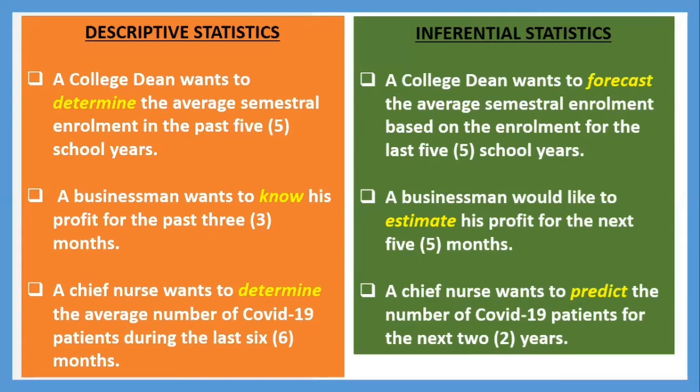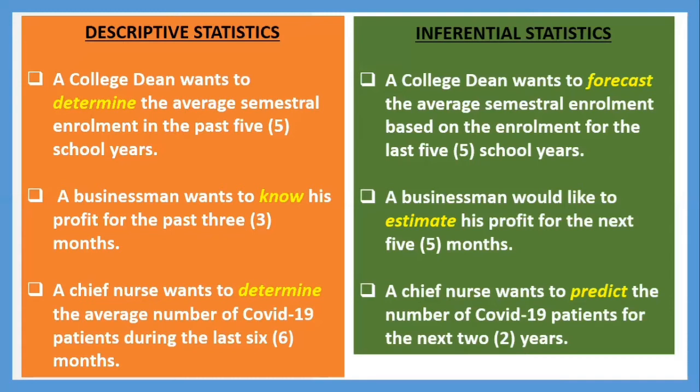So the verb that we may use is determine, meaning to say our college dean is just trying to describe, just trying to know the average semestral enrollment in the past 5 years.